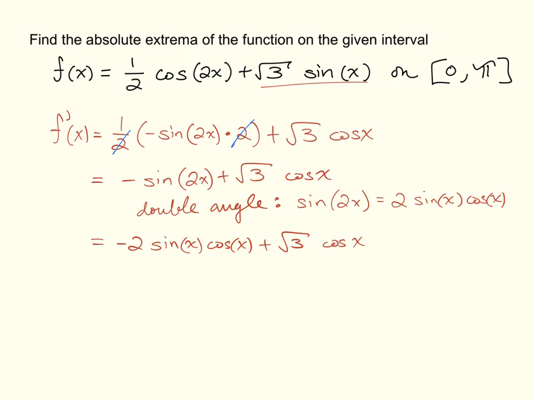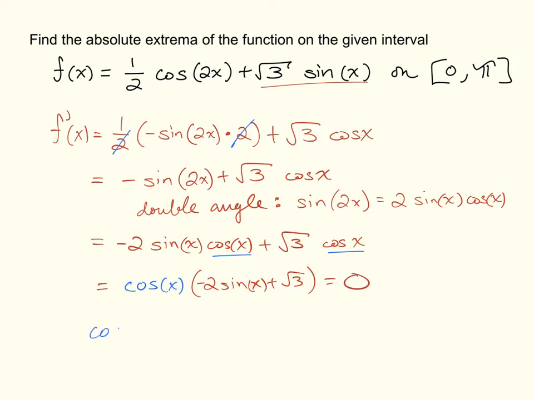Now we can factor out a common factor of cosine x, and we get something that is much nicer to work with: cosine x times negative 2 sine of x plus the square root of 3. Now if we set this equal to 0 and solve for x, we're solving much simpler equations.